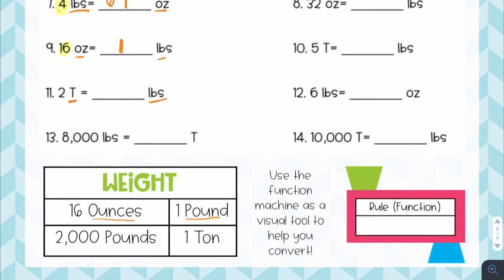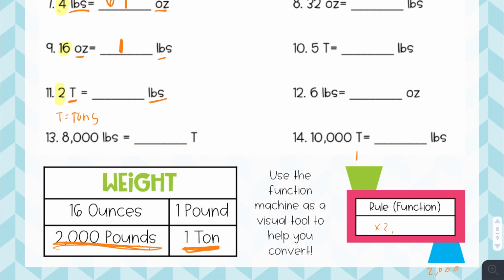Next, I have 2 tons, and I'm going to pounds, so that T just represents the unit tons. So I have to figure out how many pounds are in a ton. So I can go over to my function machine and use that. If I put a 1 in the function machine, I know I'm going to get 2,000 as the output.